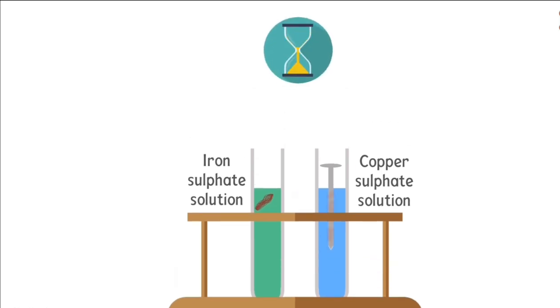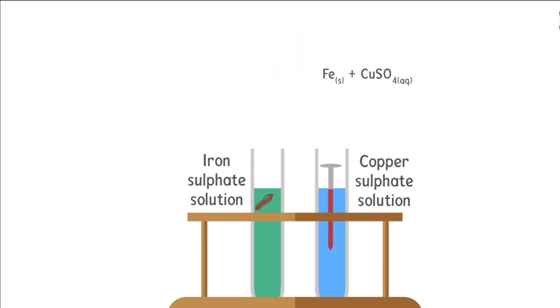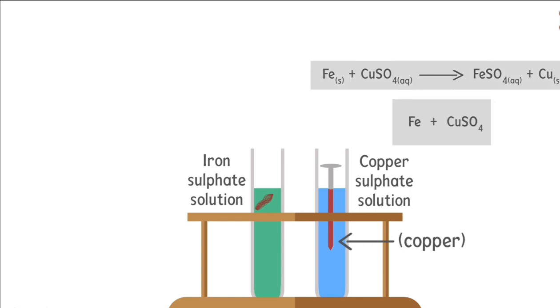After some time we will find that the reaction has occurred in test tube B, as the iron reacts with the copper sulfate solution, iron sulfate is formed and the copper is displaced from its salt solution. So there is a reddish brown color, that of copper, on the iron nail. So the copper is displaced by the iron.